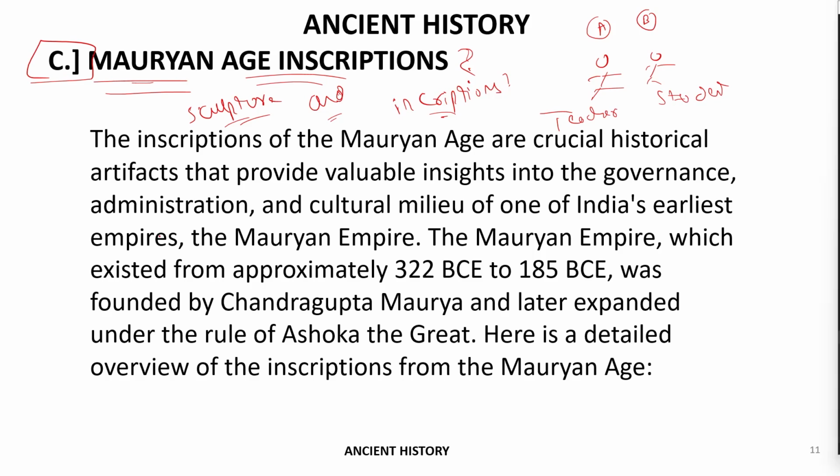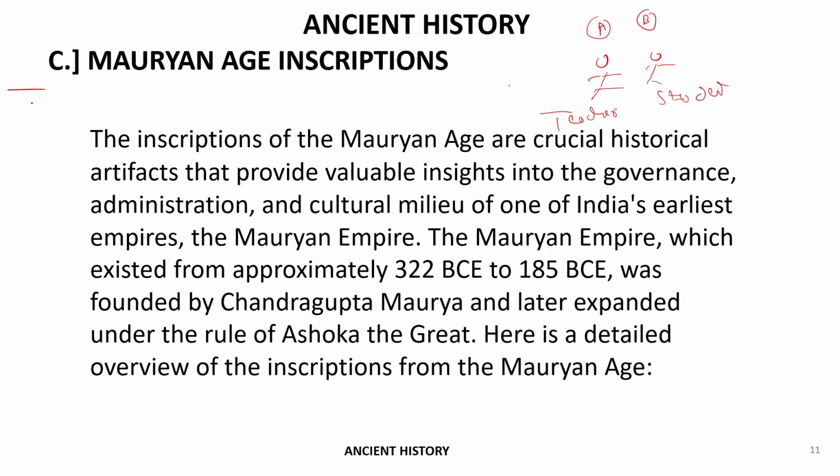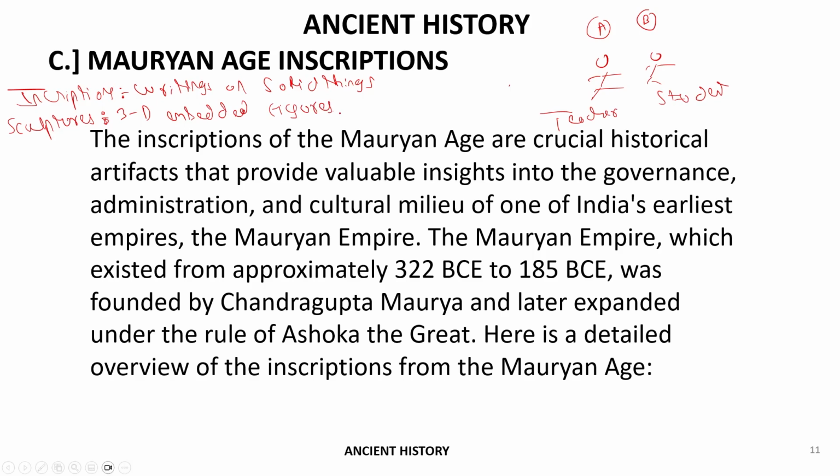Right. So basically, we can say the inscriptions are writings on solid things, whereas the sculptures are 3D embedded figures.